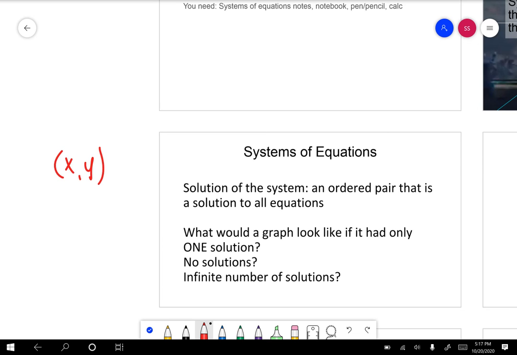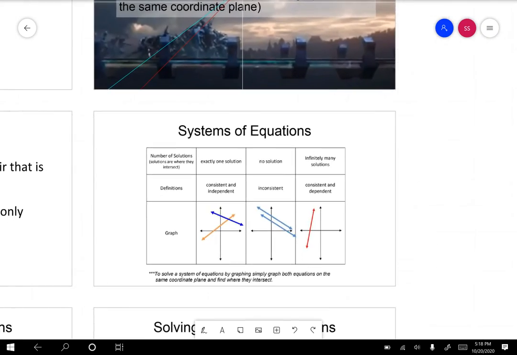So if you have two equations, you're only going to have, in most cases, one point, one ordered pair, that will be the solution to both of those equations. Any other pair will not be a solution for both equations, in most cases. So let's take a look at the exceptions to that.